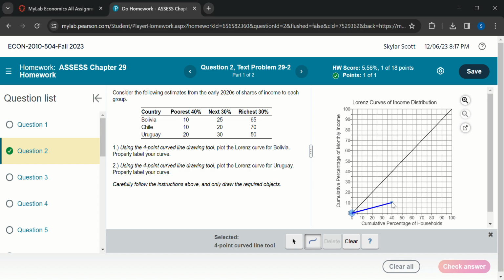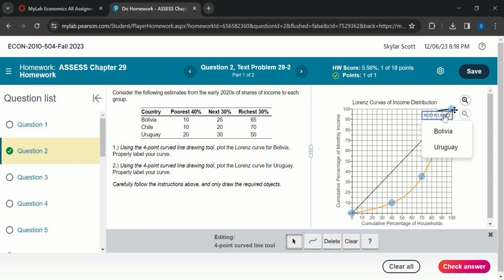Then we're going to go up to the next 30%, which will take us to 70%. And they control 25% more of that wealth. So we're going to go up to 35% and draw our point. And finally, the next richest 30% control the rest of the wealth, which will equal 100%.